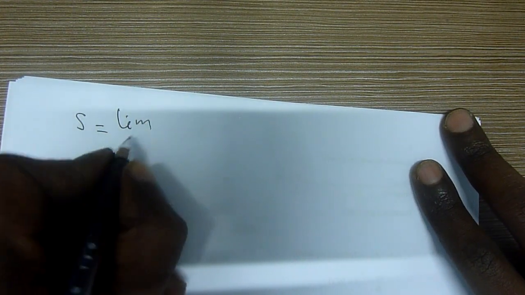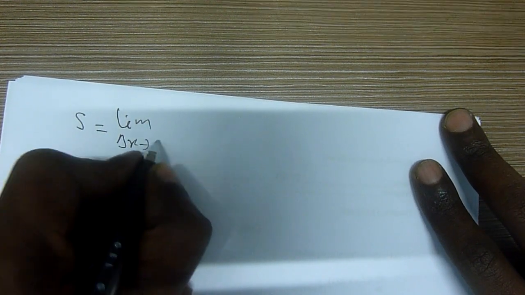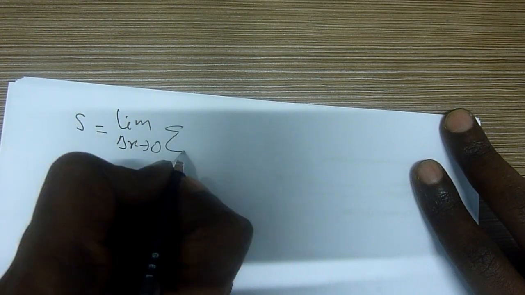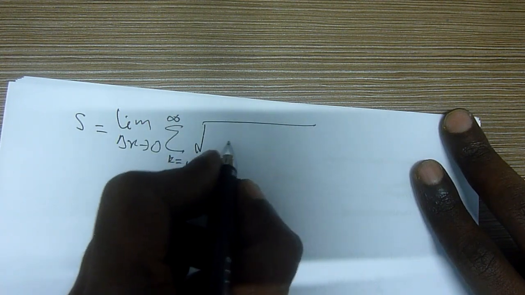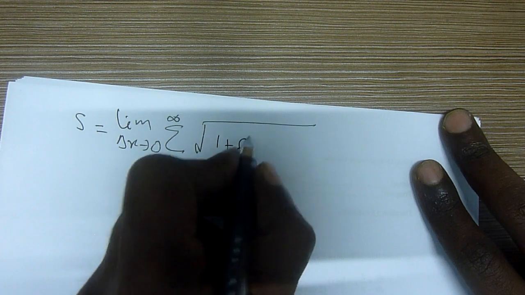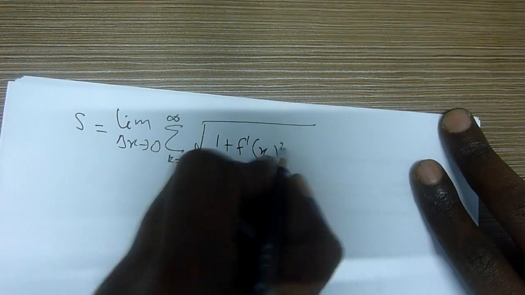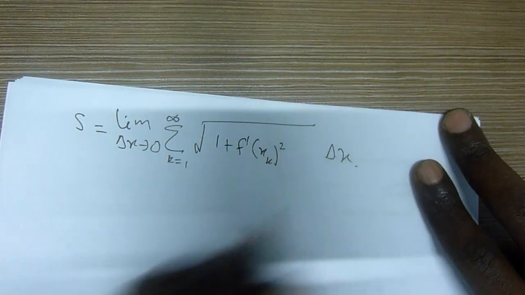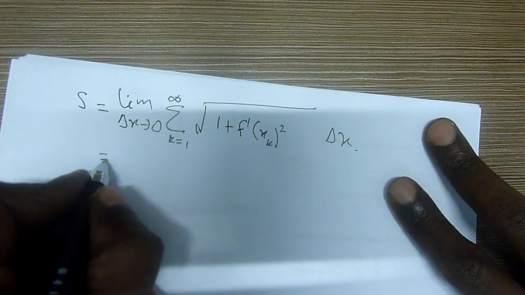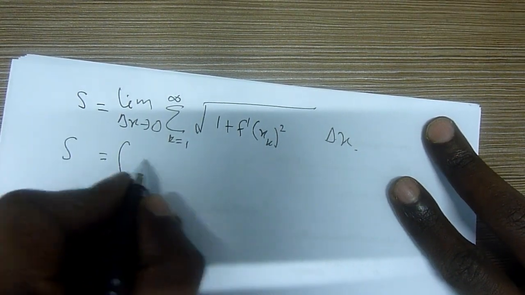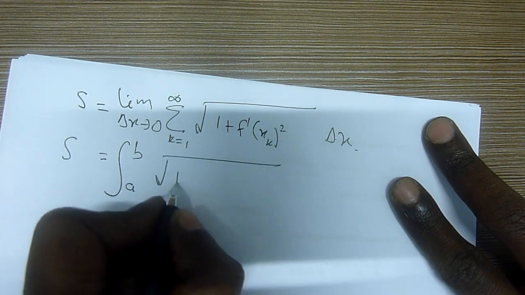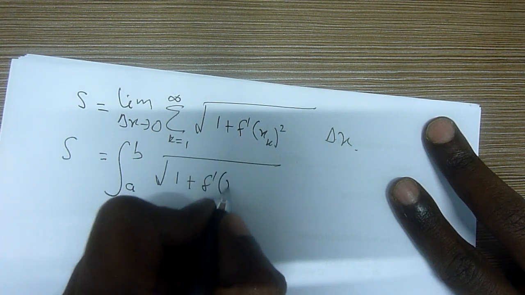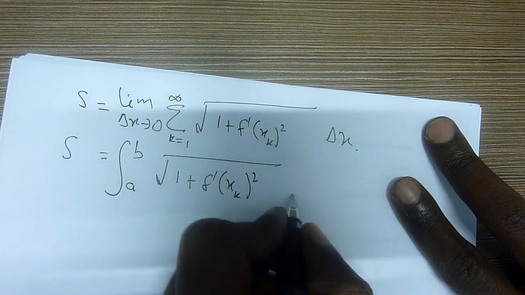Now we can calculate s as the limit, del x approaching 0, where we combine all the combinations here for the smallest possible, the integral from a to b of the square root of 1 plus f prime xk squared dx.